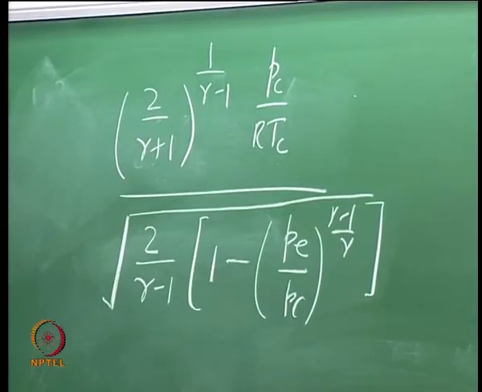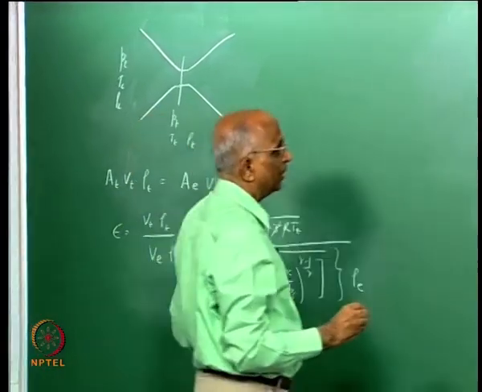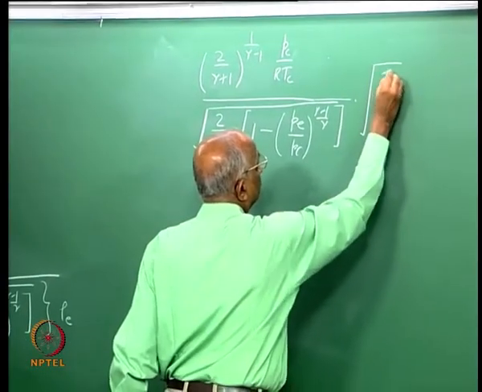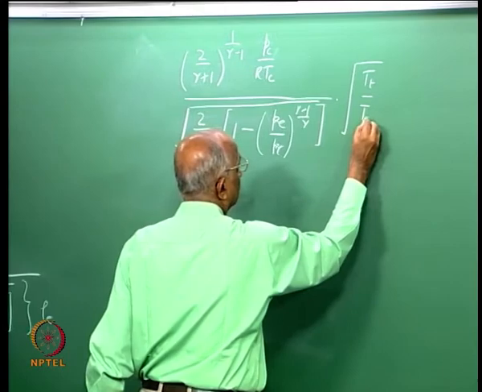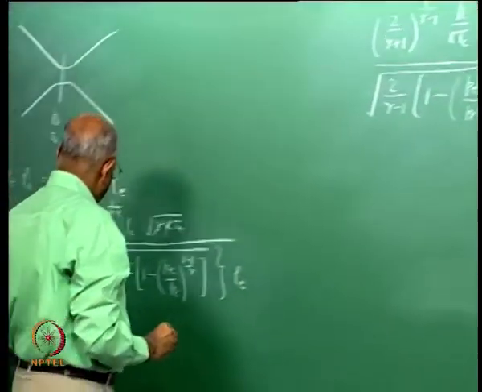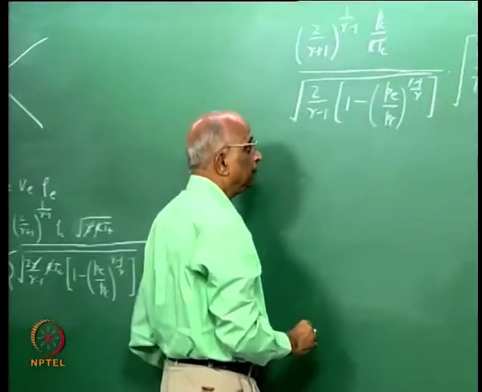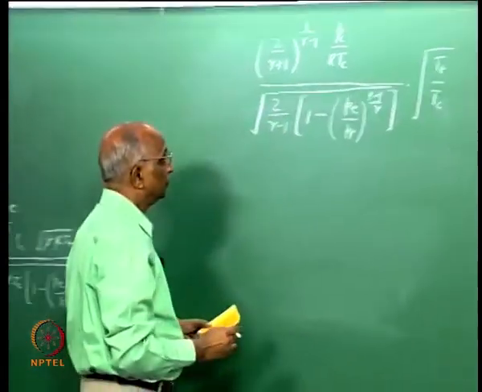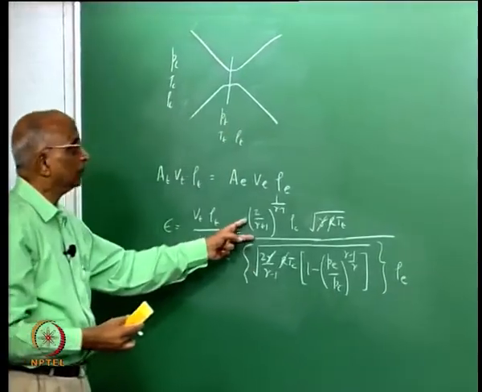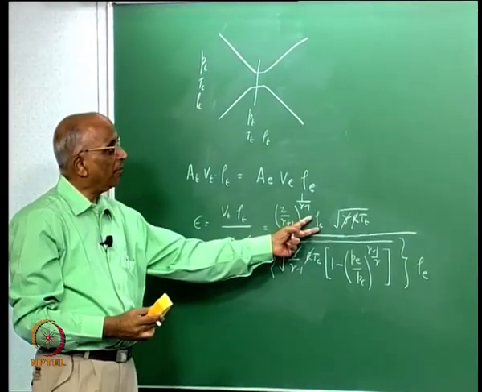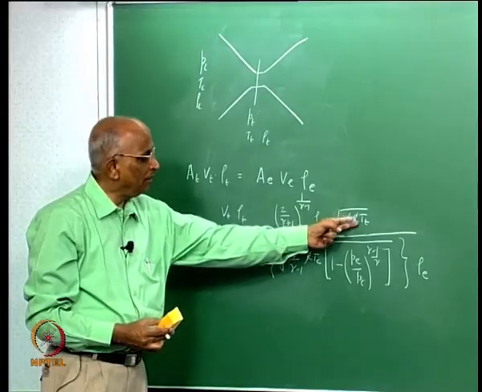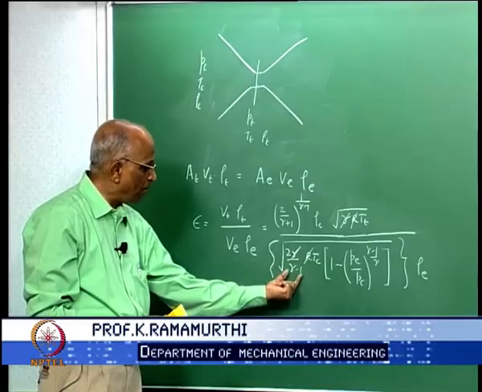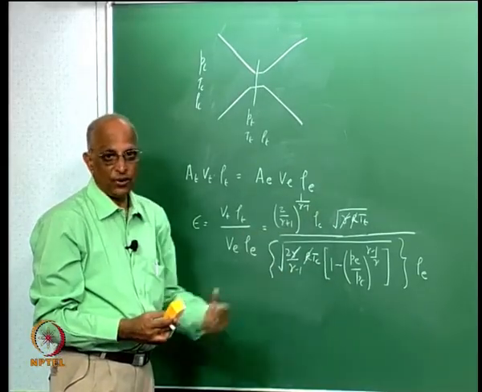Now I have under root Tt here, I have under root Tc here. Is it okay? 2 over gamma plus 1 into P by R Tc, into under root Tt on top; gamma R get cancelled, therefore I had 2 by gamma minus 1 into this term, Tc over there.